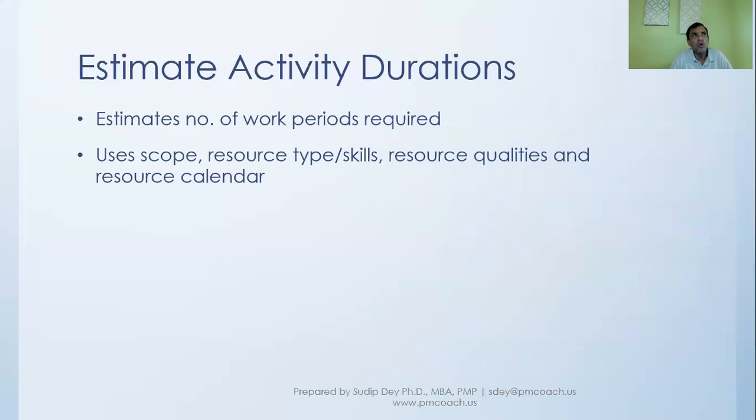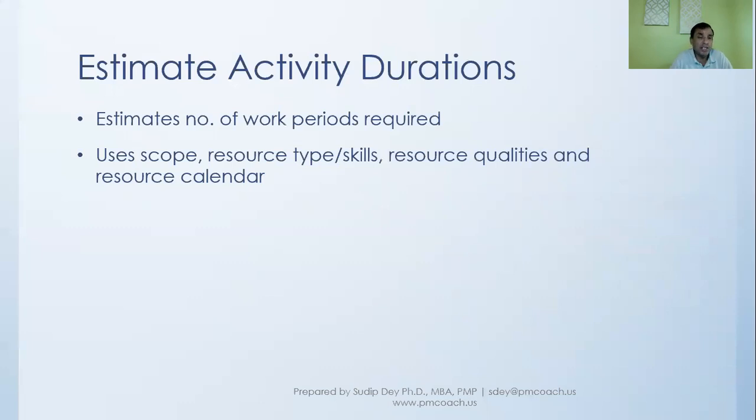For example, if you are employing an experienced resource, then the same activity will probably take less time. If you are using a less experienced resource, it'll probably take more time.